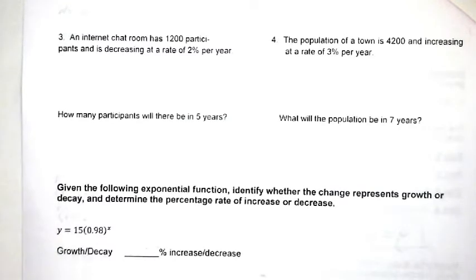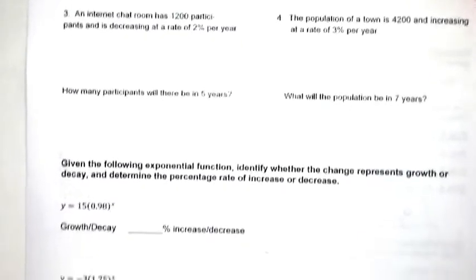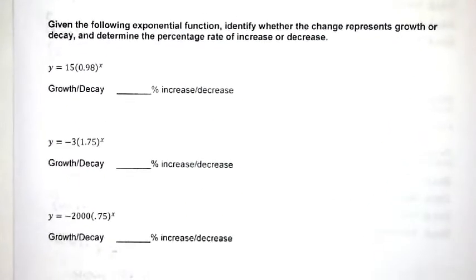Given the following exponential function, identify whether the change represents growth or decay. Determine the percentage rate of increase or decrease. So, the first few problems we've done, I've given you the percents.